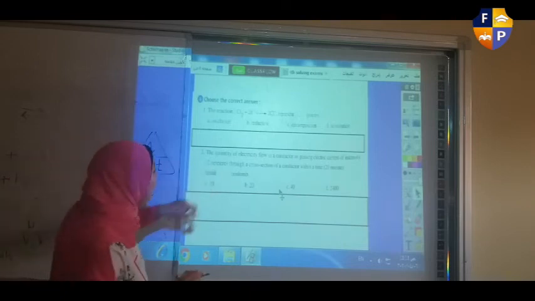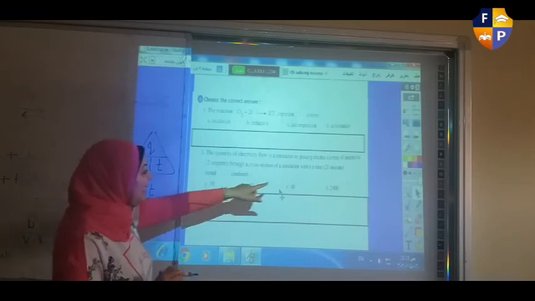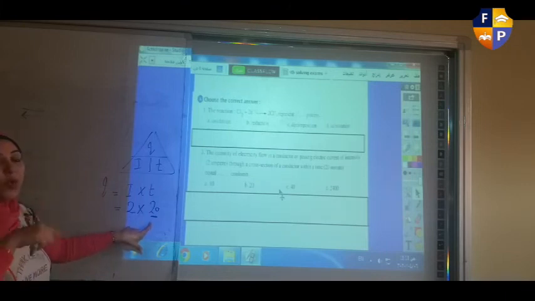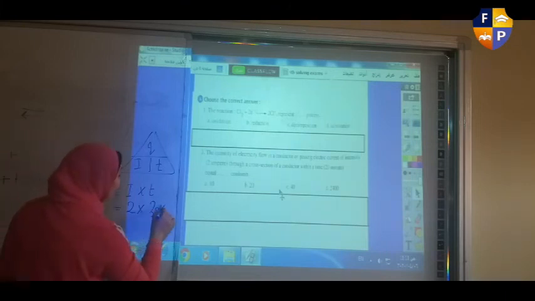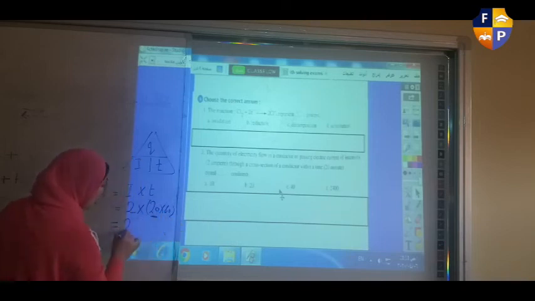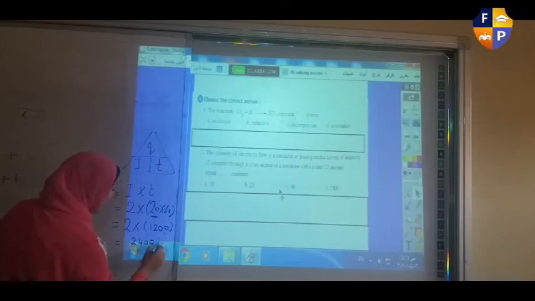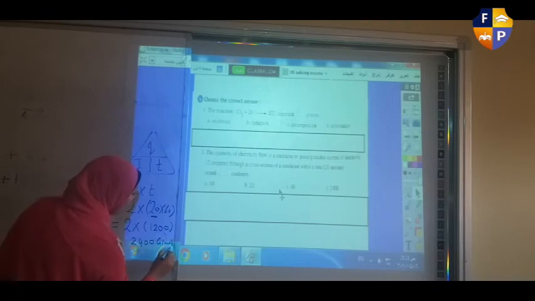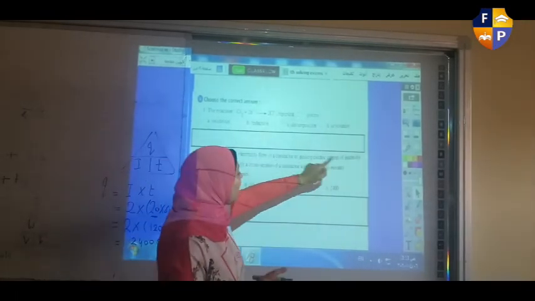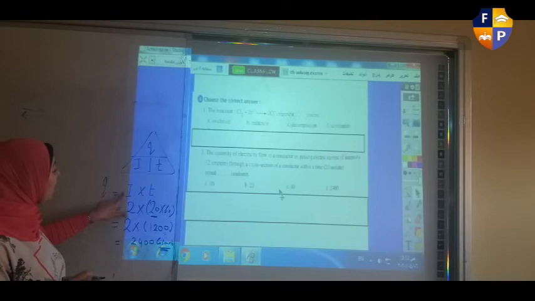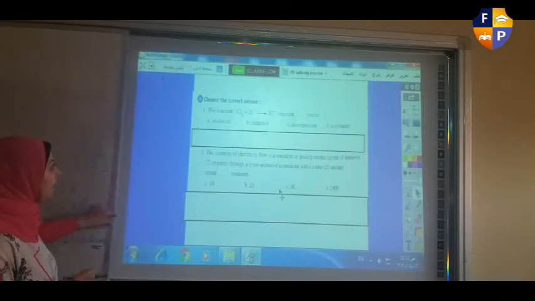The current intensity is 2 ampere and the time is 20 minutes, but we don't work with minutes. It must be converted into seconds, so it must be multiplied by 60. So 2 by 1,200 equals 2,400 coulombs. Okay? We must convert minutes into seconds by multiplying by 60, and the quantity of charge equals current intensity times time. Okay?